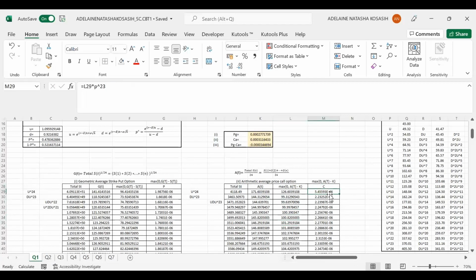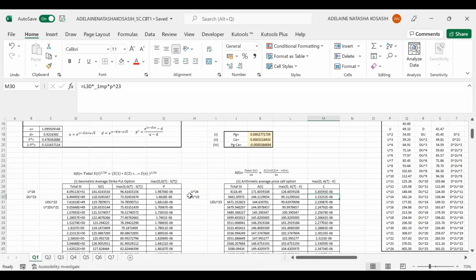And then for the price, this one for call price, you can just times the payoff with the equation from here. So if this one is u with the power of 24, you can times the payoff with P with the power of 24.